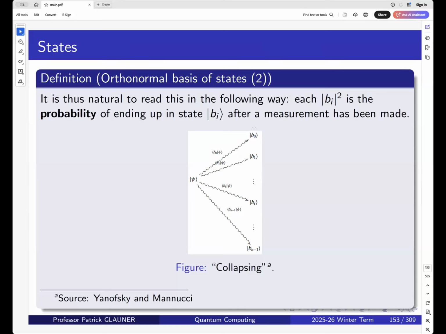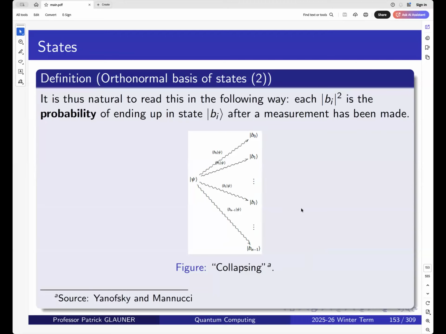So this quantum state will collapse when I measure, and it will collapse into one of these classic states. Not always the same one. But if I do the measurement, the quantum state is gone and I'm unable to go back and recreate the quantum state. But then I have one of these classic states.